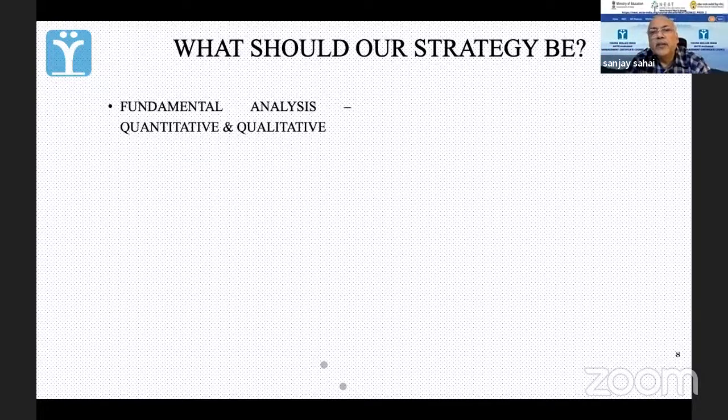Is it making profit? Does it have too many debtors? How exactly is the health of this company? I'm not looking at one balance sheet, I'm looking at balance sheets for the last 5 to 10 years, trying to see what the growth pattern is.